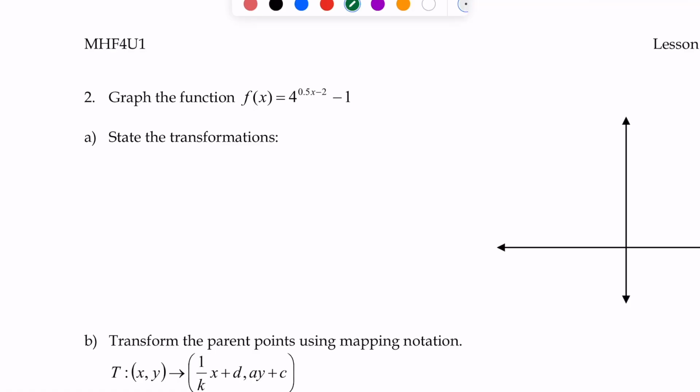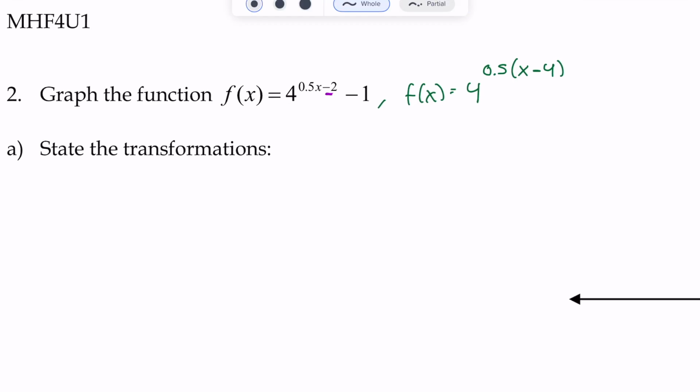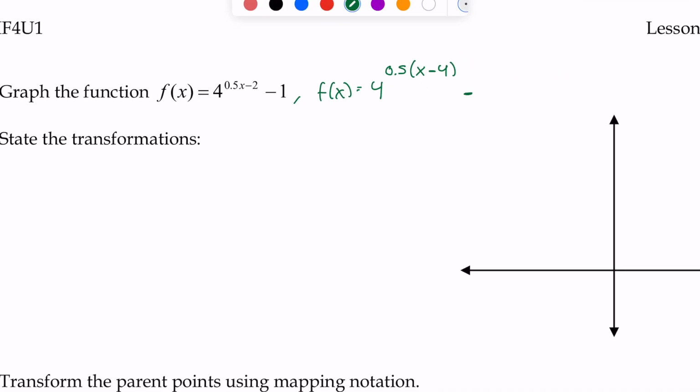You have to first factor out the k. So that means this function is actually 4 being put to the power of the k value, 0.5. But when I factor it out of that binomial up top there, well, -2 being divided by 0.5 means that this becomes -4. So if you didn't factor it out, you would have told me that there was a shift of -2, but that's not the case. There's actually a horizontal shift of -4. And we still have that -1.